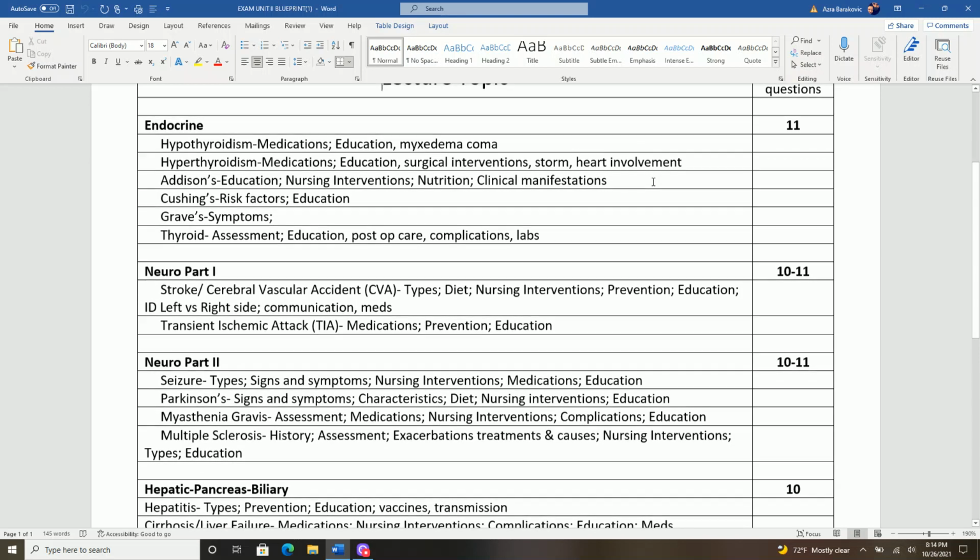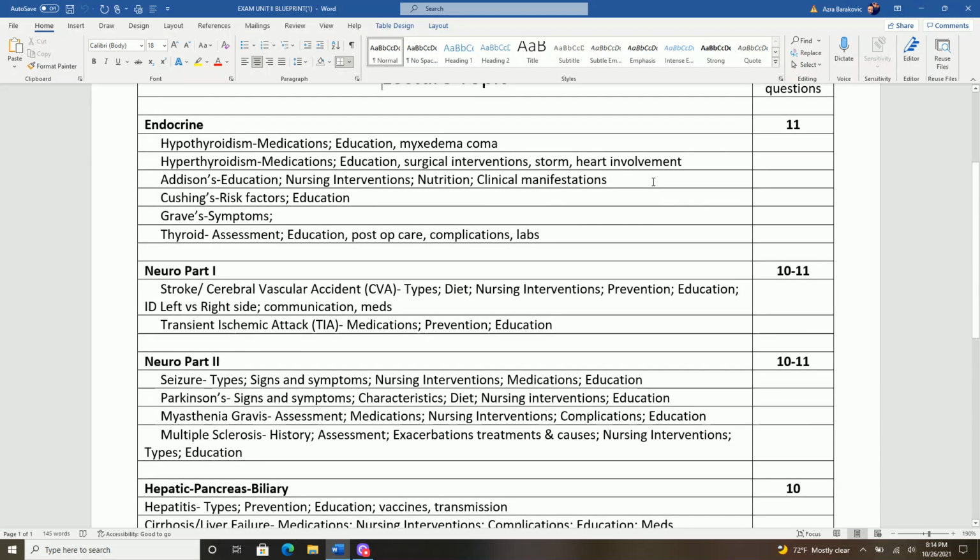As far as Addison's, the big thing is nutrition. Remember, they're going to need a high salt diet, high calories to keep up with the demand there. As far as clinical manifestations, what I'm mainly looking for here is Addisonian crisis.